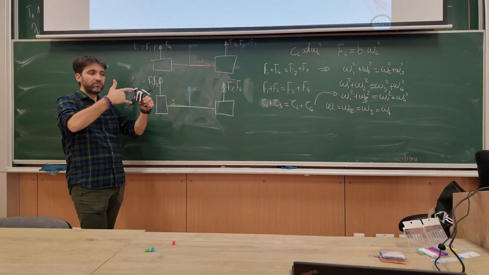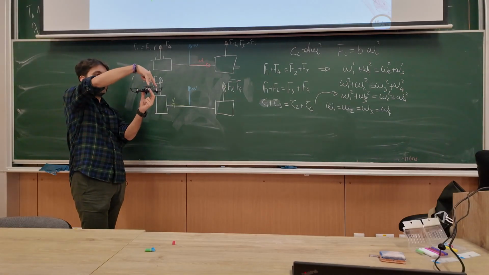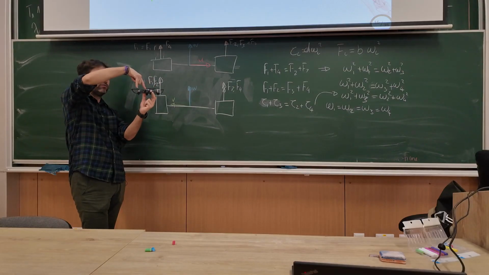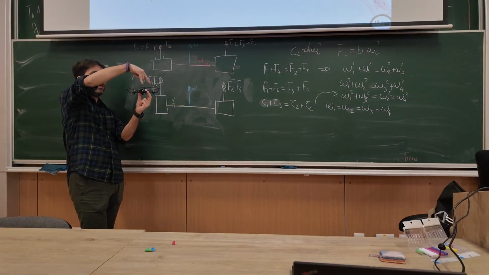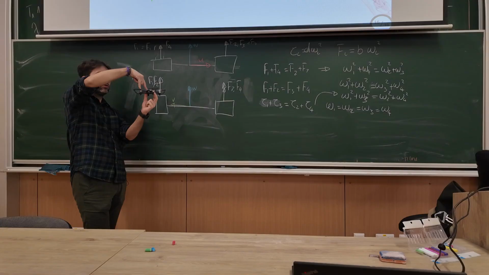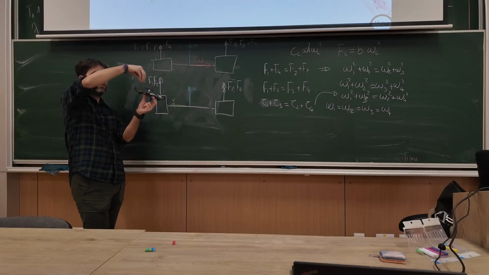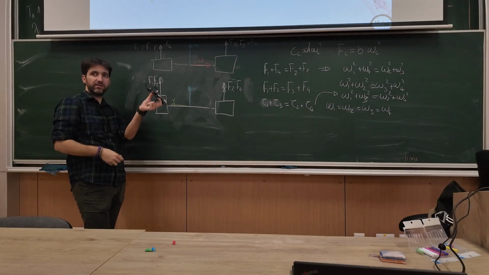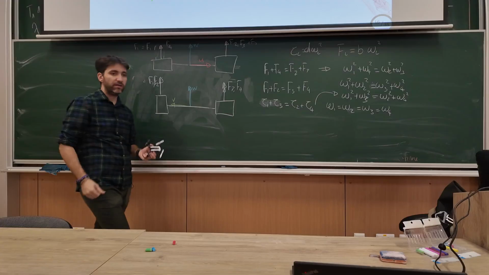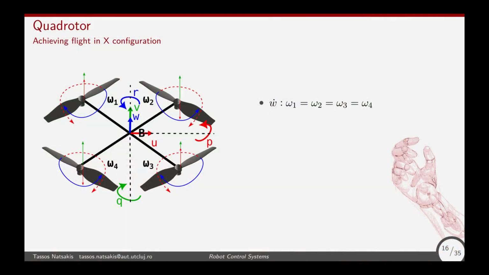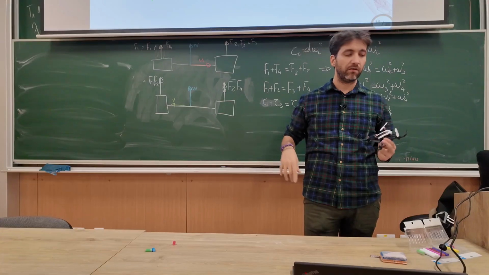So these two have to be bigger than these two, but these two have to be equal, and these have to be equal, so that the torque from this one cancels the torque from this one. Then I have just the lifting force that is bigger on this side than this side and makes this movement. So I need to have omega 1 equal to omega 2 and different from omega 3, which is equal to omega 4.